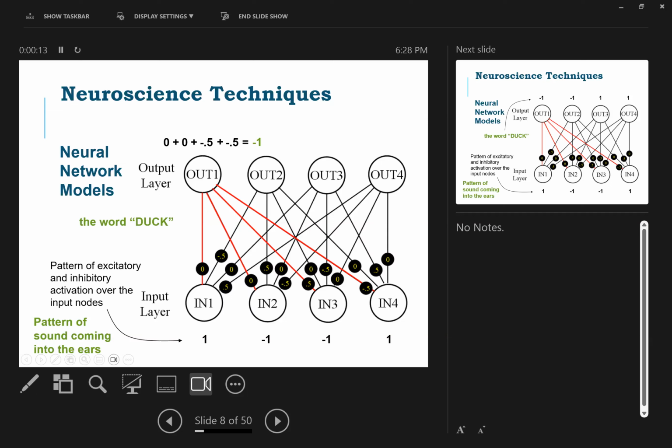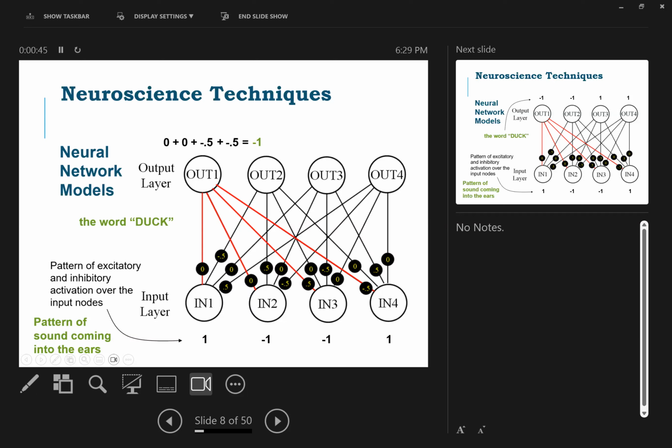So here, let's say you have another output, output 3. Output 3 has this 0 connection, so nothing here. This is also 0, but it takes input from input 3 and input 4, right?